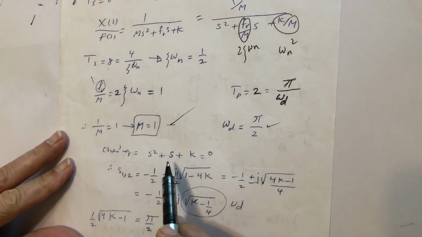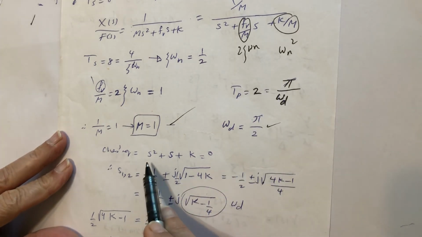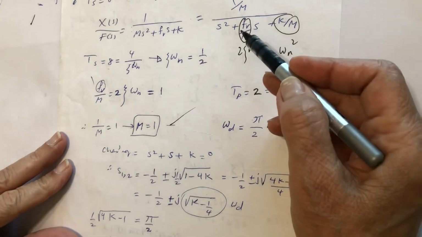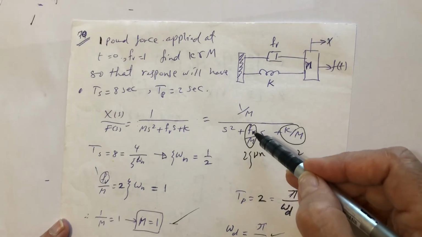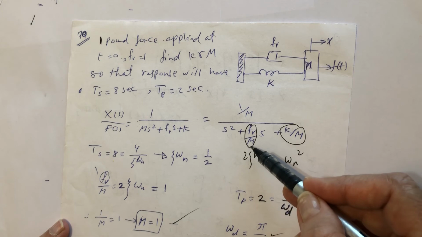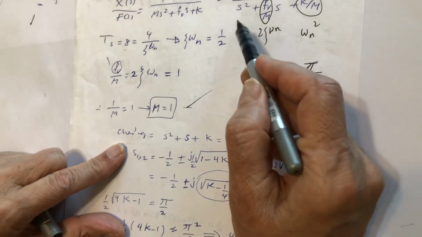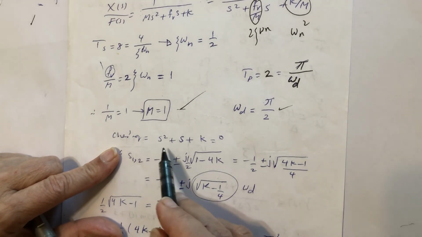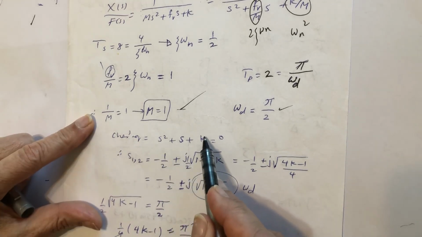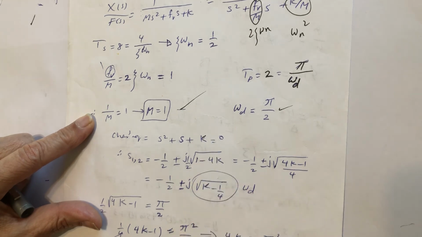Now the characteristic equation here is s square, and we found this coefficient fv over m is 1. We found fv is given as 1, and we found m equal to 1. So the coefficient here is equal to 1. So we have the characteristic equation, which is the denominator, equal to s square plus s plus k. So only k is missing to find.